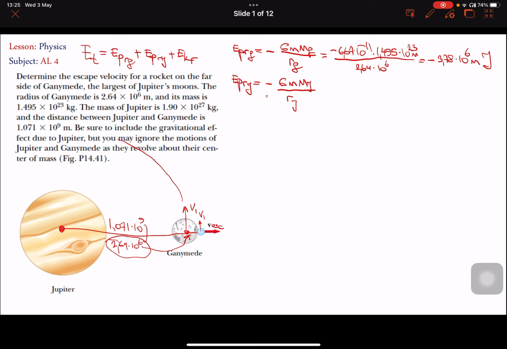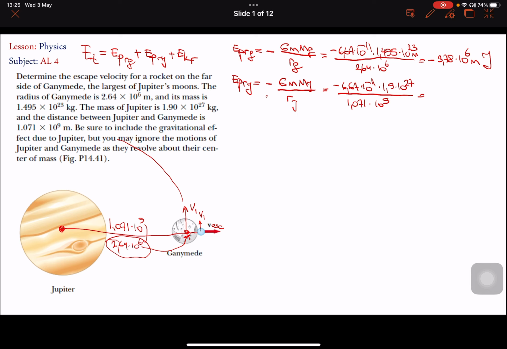So I put the numbers in now: minus 6.67 times 10 to the power of minus 11, times the mass of Jupiter, already given as 1.9 times 10 to the power of 27 kilograms, over the distance I said, 1.071 times 10 to the power of 9.